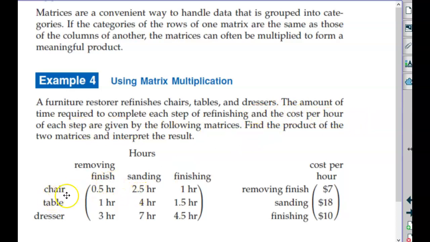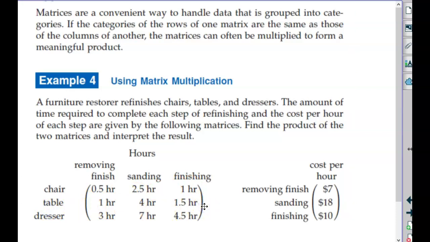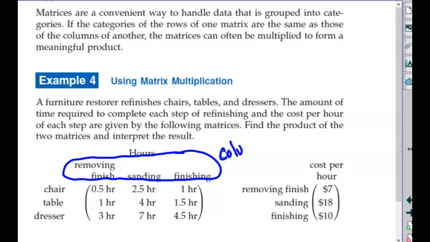So for a chair, he has to remove the finish, sand it, finish it. Making sense? Then a table takes longer, but those are the hours required for each step. But then this is the cost for each step. So what you need to notice is that this, which is rows or columns, guys, those are the columns, yes, had to match this, which on this one is the rows.